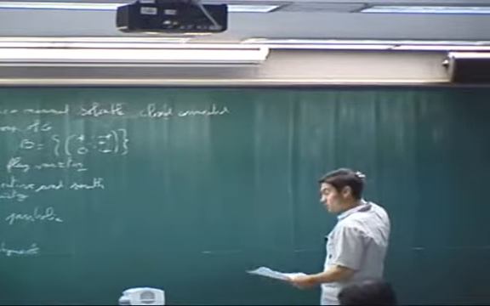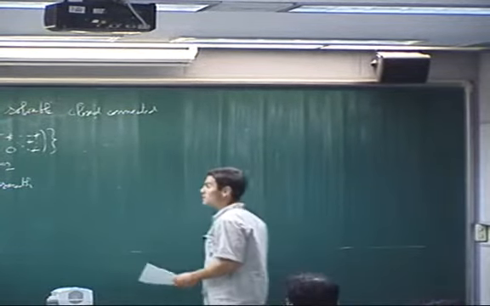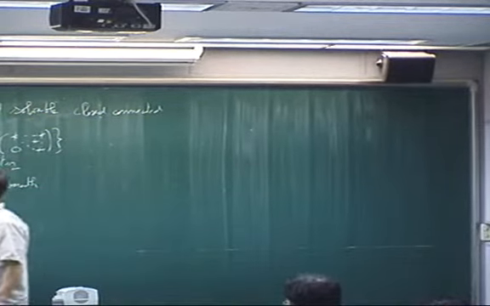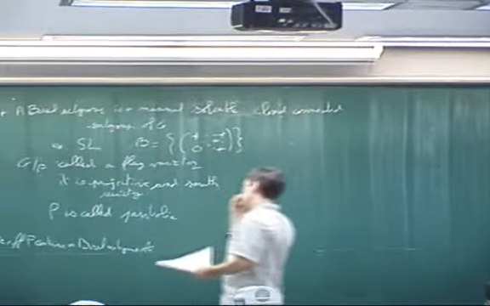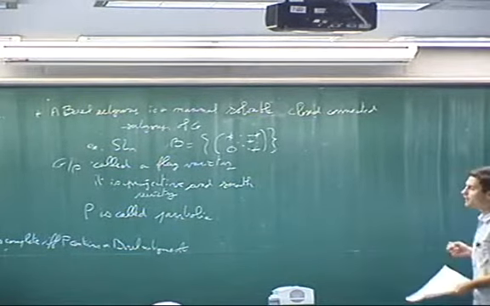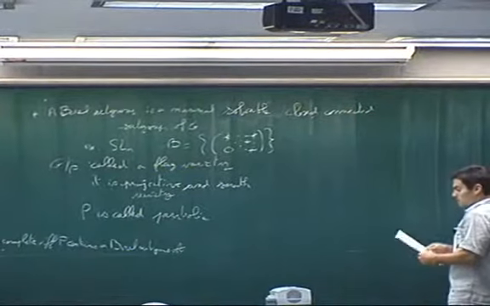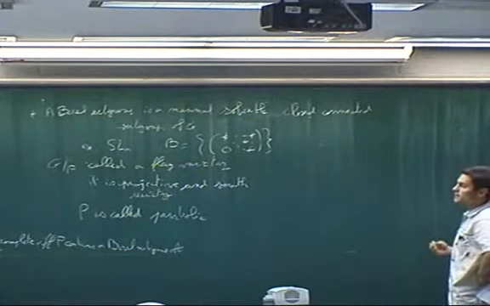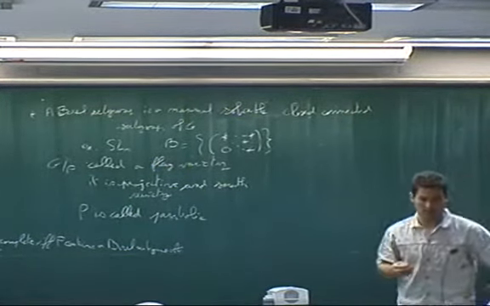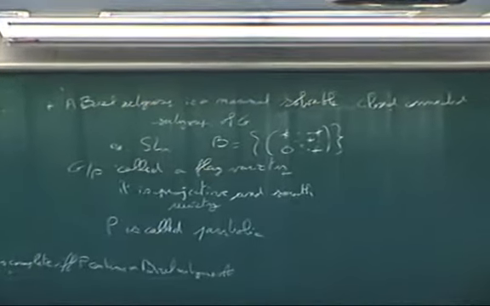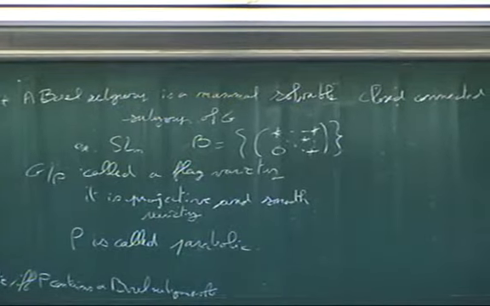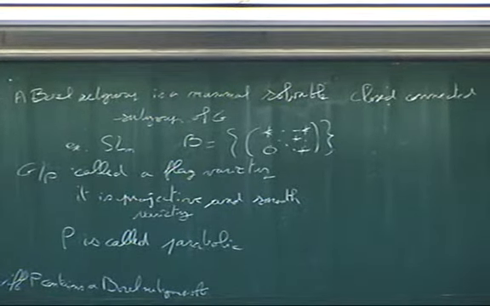Okay, so now I want to explain more about semi-simple groups. They are algebraic groups. I want to explain the combinatorics of such groups, as I will use it in all my lectures.